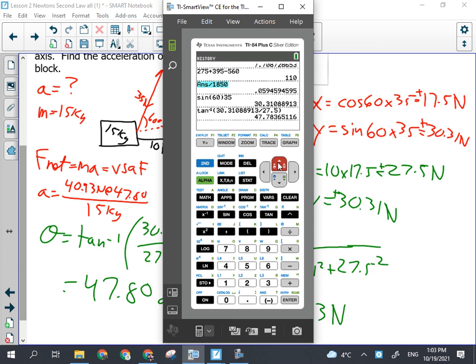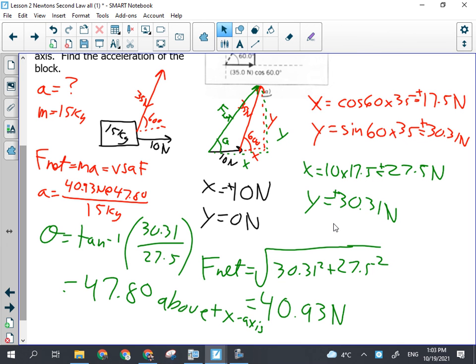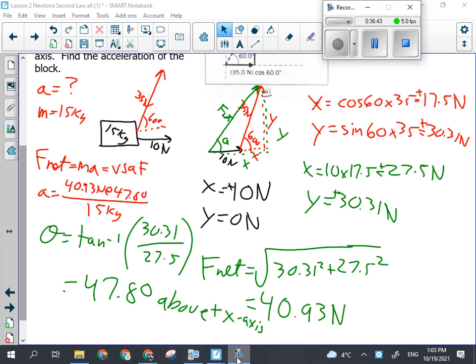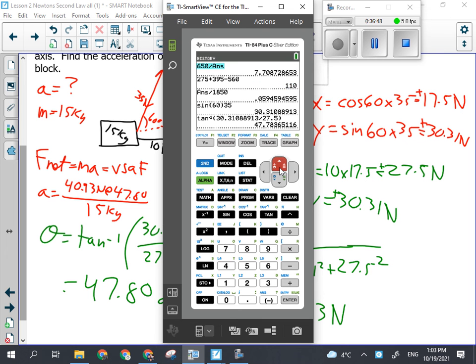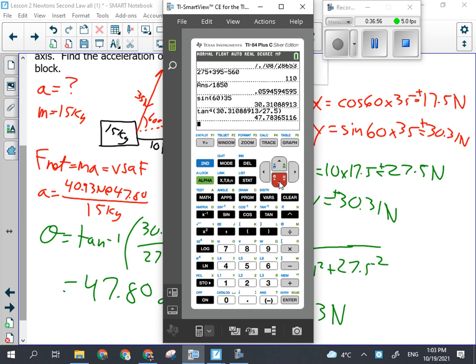Where was it? Where did that number go? I swear I put that number in. Okay, well, we'll just do 40.93 because I don't remember what all the decimals were, divided by 15.